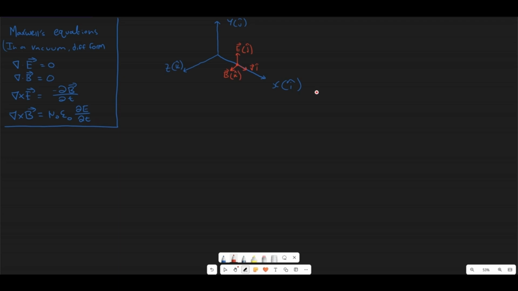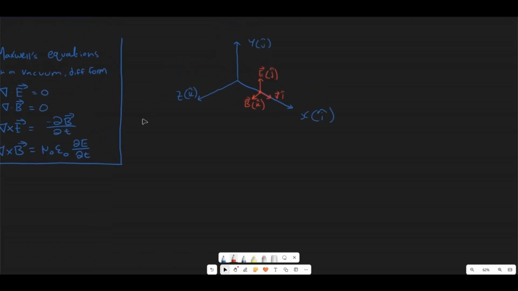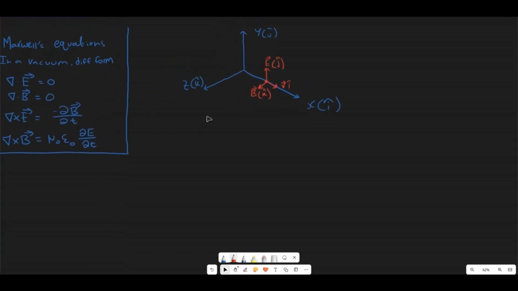So from this we can express that our velocity is just going to be v I hat plus 0 j hat plus 0 k hat.